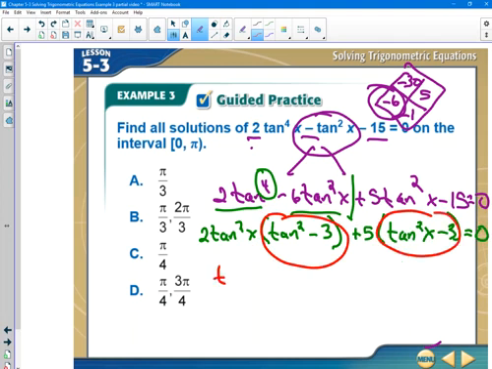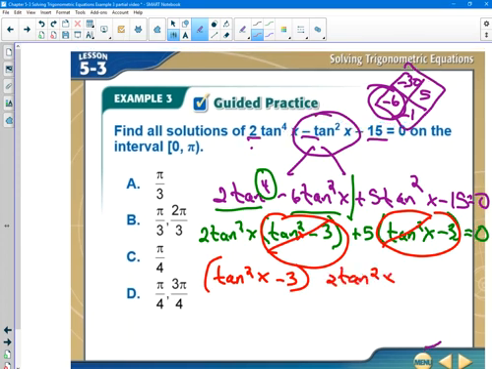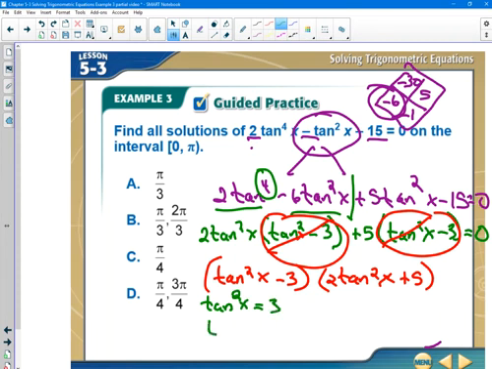So that means I have tangent squared x, oops, missing my x there, minus 3. So I can cross those out. And then what's left? 2 tangent squared x plus 5. I've got it. Tangent squared x will equal 3. So then tangent x will equal plus or minus root 3.